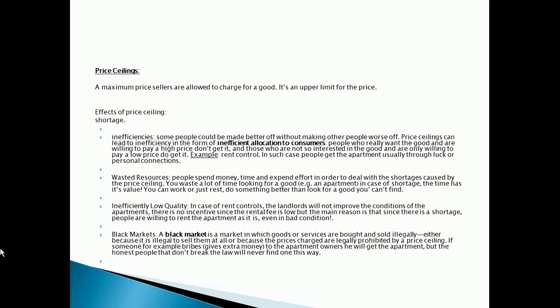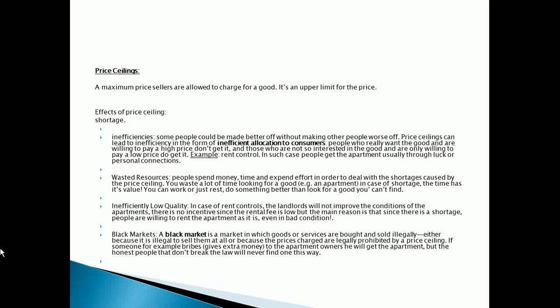Apartments may not be renovated, the toilets may not be presentable, among others. The condition may not be palatable. And so price ceiling can lead to inefficiently low quality. And eventually it can lead to black market, where products are hoarded and products are sold illegally at prices higher than those that government has set.